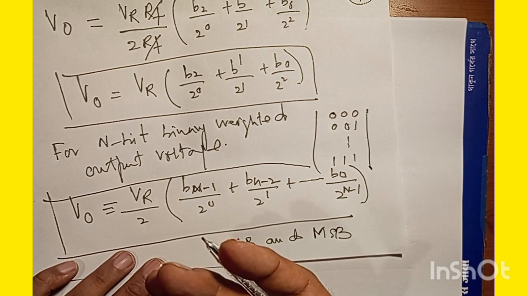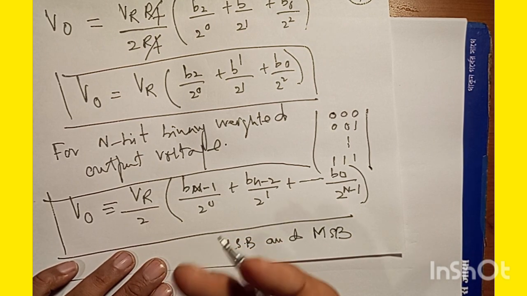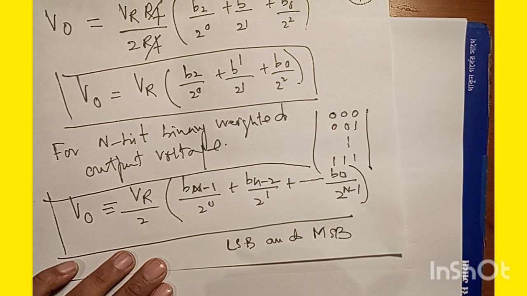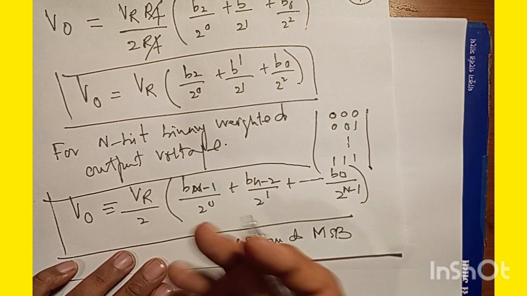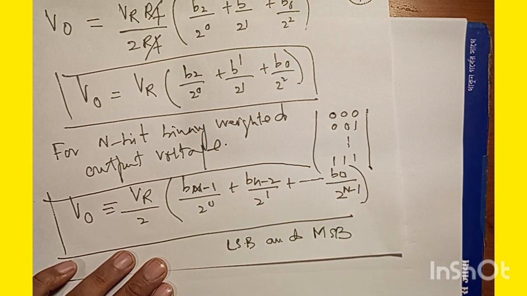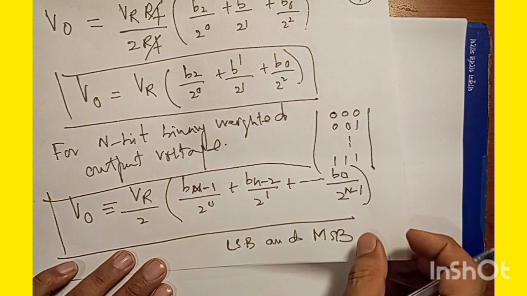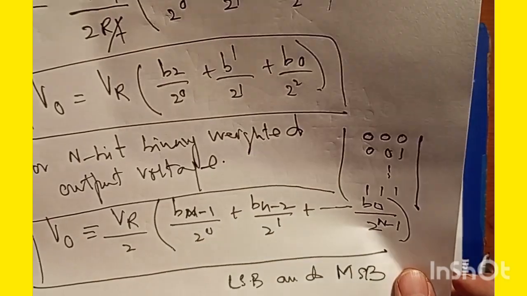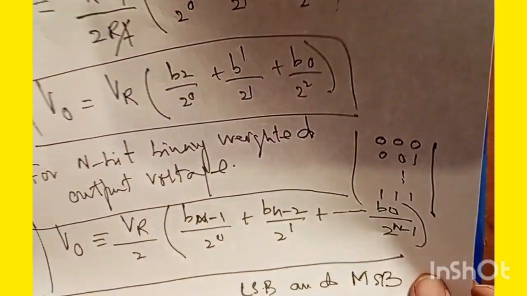So this is going to be the problem. Therefore, it is difficult to design more accurate resistors as the number of bits present in the digital input increases. So this can be taken as the disadvantage of this kind of DAC.